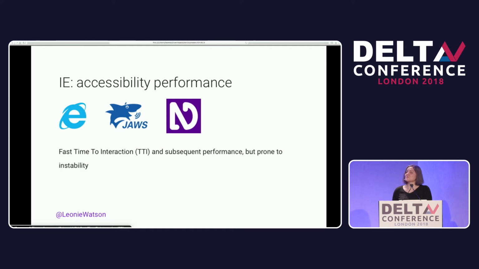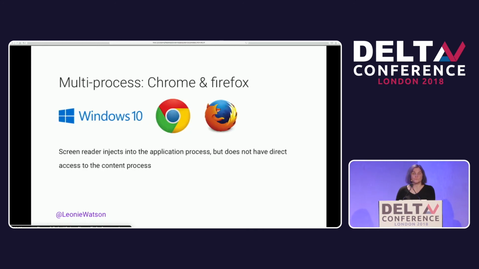And in accessibility terms, it's even worse with Internet Explorer. If the screen reader crashes, and believe me, they're quite prone to doing that, it's quite likely to take the browser out with it. And vice versa, if the browser crashes, it will take your screen reader out with it. The latter being slightly more catastrophic when you need your screen reader to try and bail yourself out of the situation. So lovely in terms of a fast time to interaction if you're a screen reader user, not so lovely in terms of catastrophic calamity when it all goes wrong.